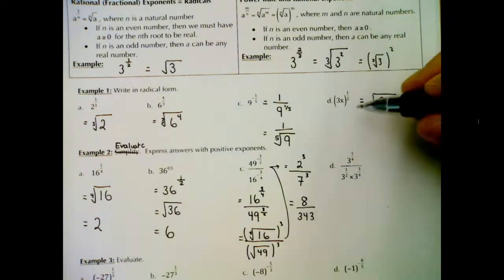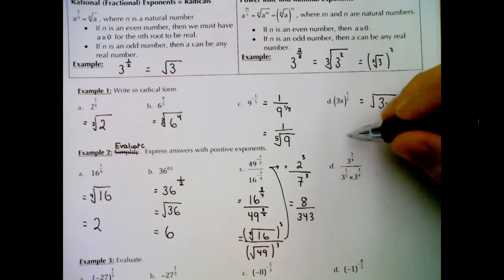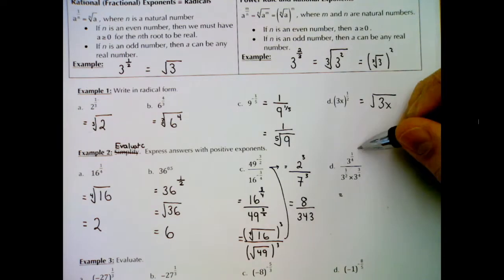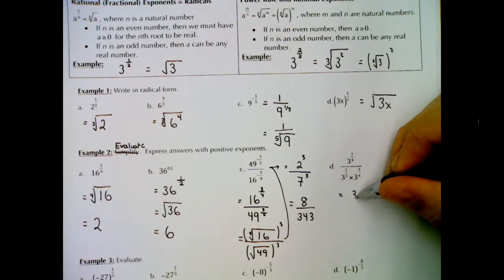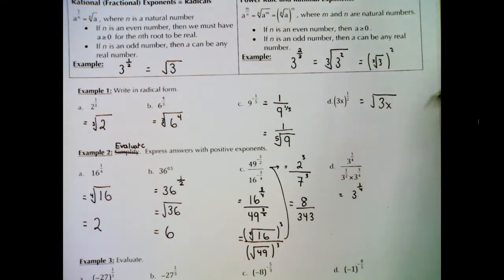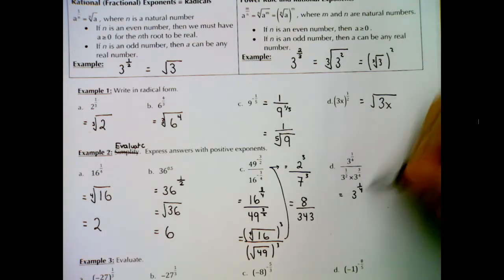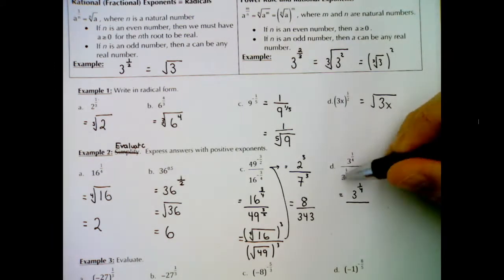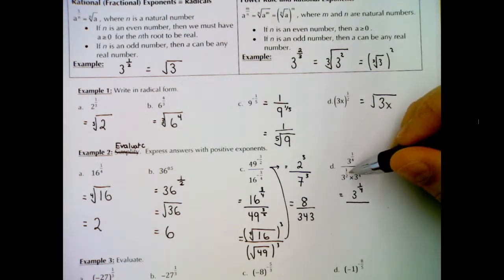D, we're going to use some exponent rules first to simplify. Our top has a 1/4 exponent. I'm going to leave it as a 1/4 exponent. I'm not going to write it as a root because we can't take the fourth root of 3 and get an answer. So hopefully we can work this out with exponents. Multiplying powers with the same base, we would do what with the exponents?